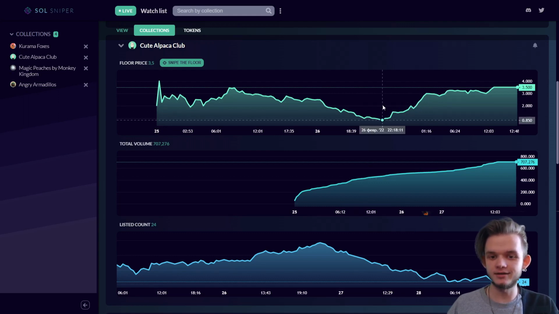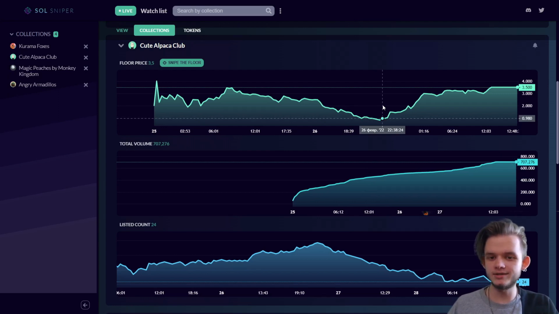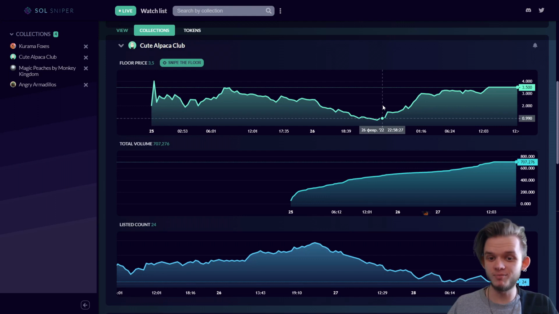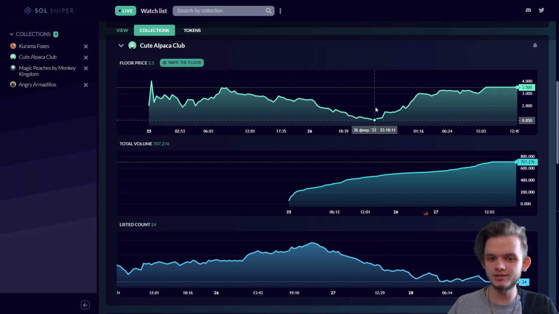And this is just about timing. You just need to wait a bit. You really need to be patient in any market: crypto, stock, NFTs, any market. You must be really patient. You just wait until this goes down and this goes up, and you wait until the floor price skyrockets, because it will happen 75 or 80% of the time if it's a good collection.